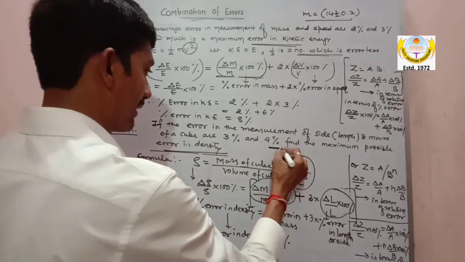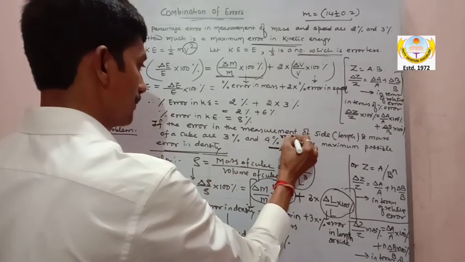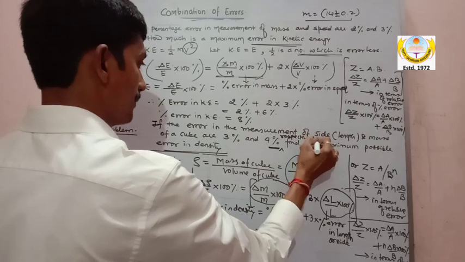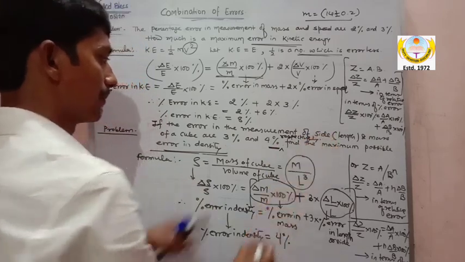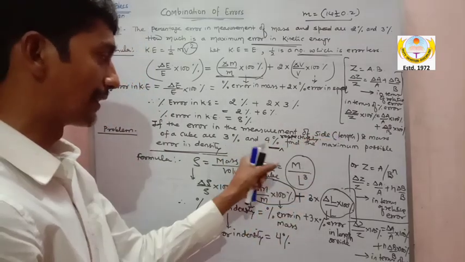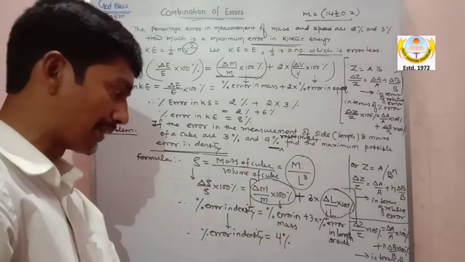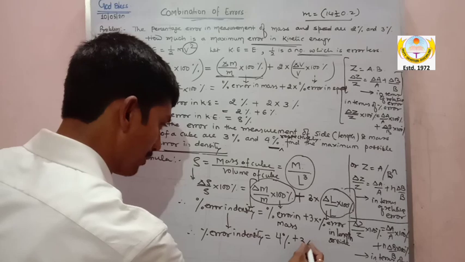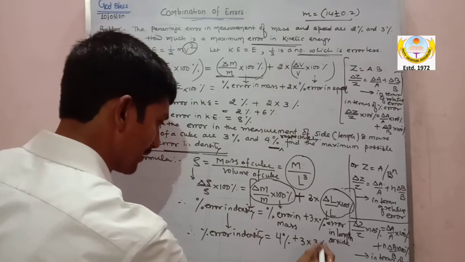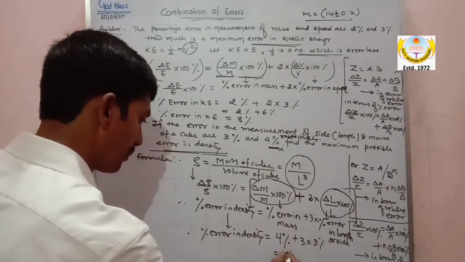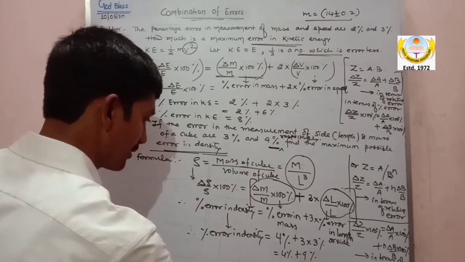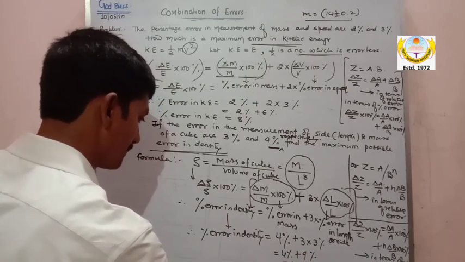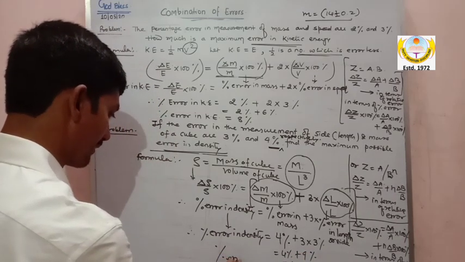Here it is respectively, so follow the order properly: 3% for length and 4% for mass. So don't substitute 3 here and 4 there. 4% plus 3 into the percentage error in length, which is 3%. So now, my dear, this is 4% plus 9%. So the answer is 13%. That is the percentage error in density.